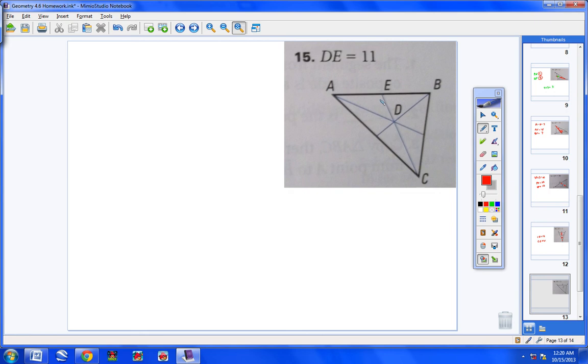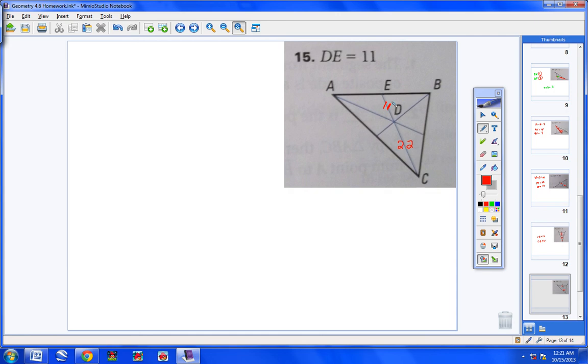DE is 11. Now look, that's the little one, okay? That's the smaller segment. DE is 11. So I'm going to go ahead and put an 11 right here. Well, that means the longer segment's twice as much, so DC is 22, okay?